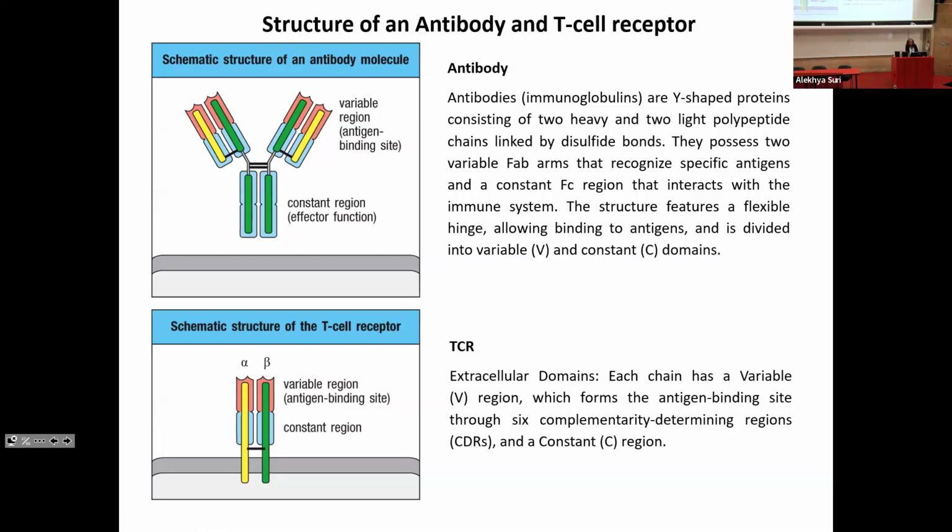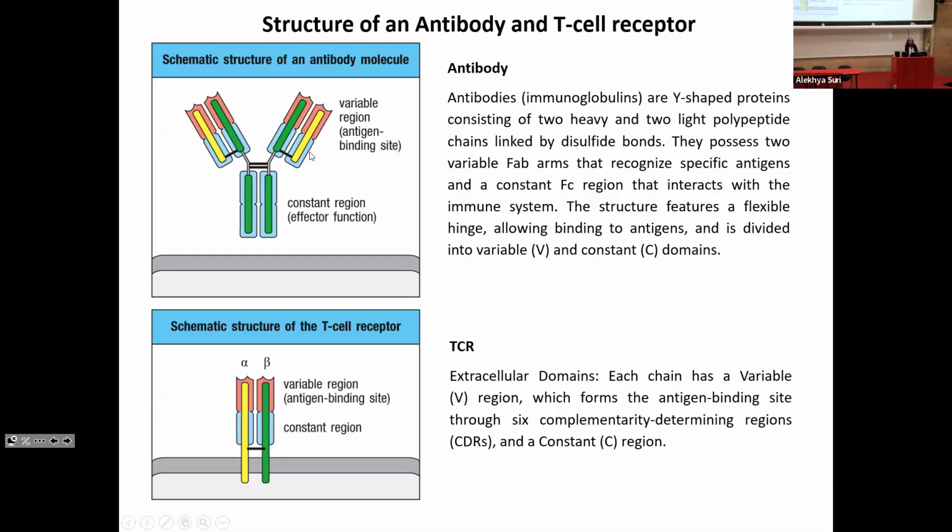The T cell receptor, like the B cell receptor, also has a variable and a constant region. The TCR is made up of an alpha chain and a beta chain. Here's your variable and here's your constant region. So again, both the alpha and beta chain contribute to the recognition of antigen by the T cell receptor. The T cell receptor is bound to the T cell, so it has a transmembrane region.